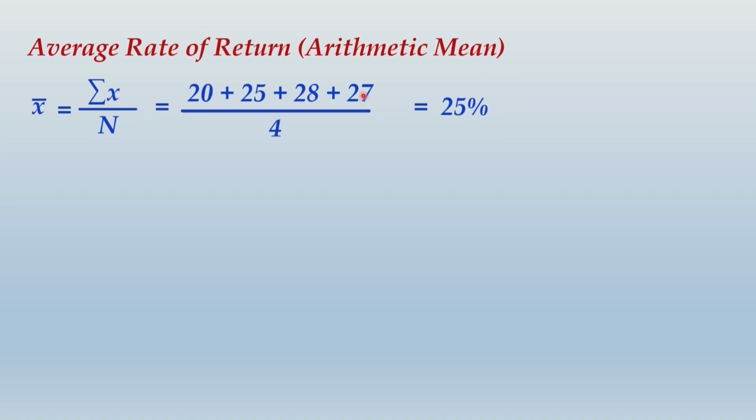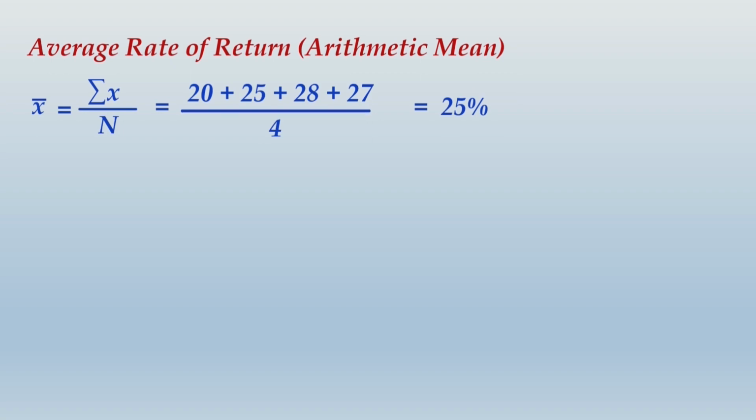For example, 1 rupee with 20% return will become 1.2. 1 rupee with 25% return will become 1.25. 1 rupee with 28% return will become 1.28, and 1 rupee with 27% return will become 1.27. These 4 factors, 1.20, 1.25, 1.28 and 1.27, will be multiplied, because it is geometric mean.